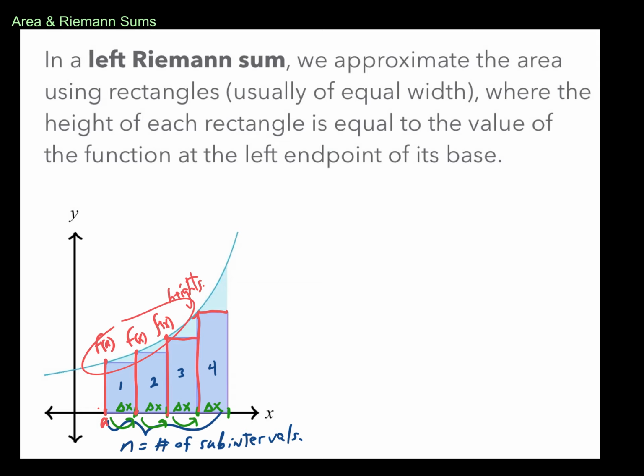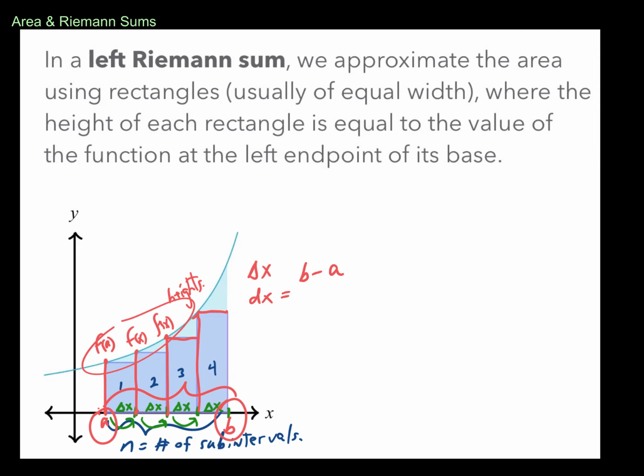Well, here's how we find the delta x. We're in calculus, so I could call it Greek delta x or Roman delta x. But the change in x, if this right here is your a value and this is your b value, if your interval is going from a to b, what you need to know is how long is that interval? What's the length? Well, I'm going to take b minus a.